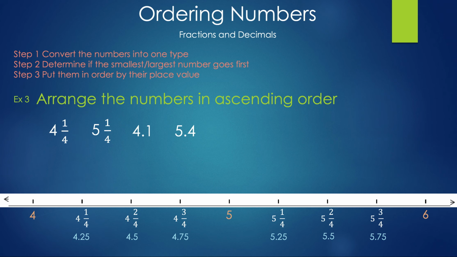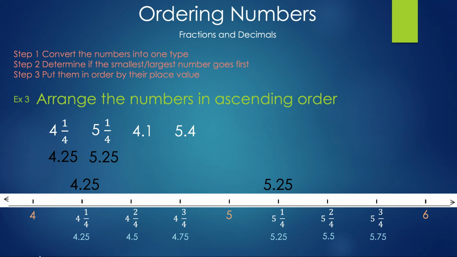Let's take a look at this example. Let's read the question. Arrange the numbers in ascending order this time. So let's go ahead and start converting it into decimals. 4 1/4 is the same as 4.25, which is here. 5 1/4, which is the same as 5.25, which is here. And now we can do 4.1.